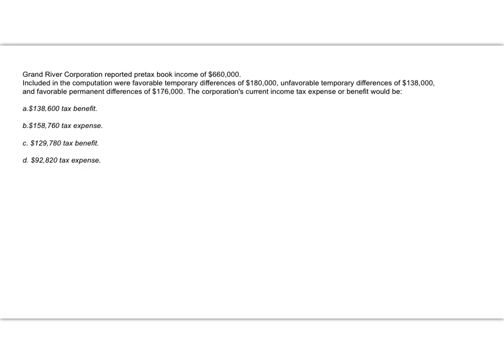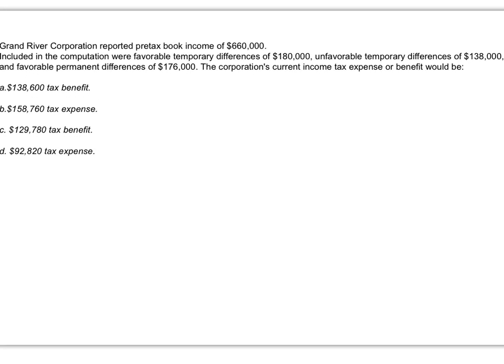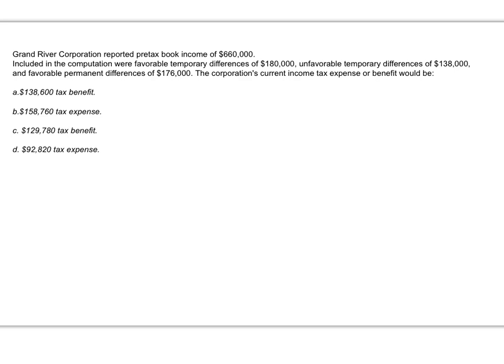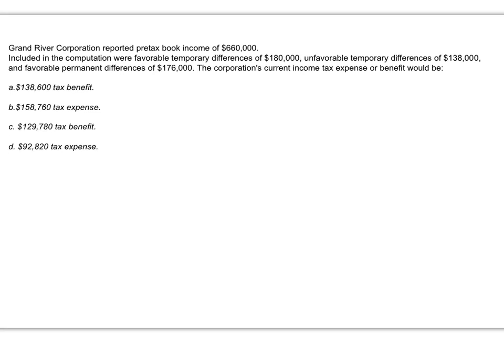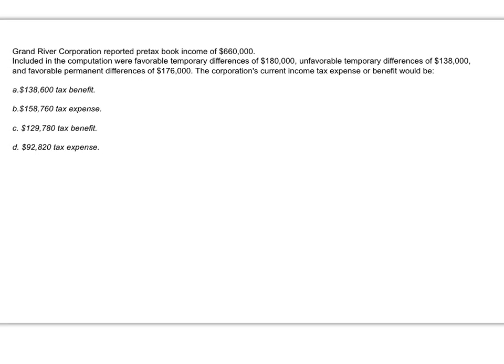All right, so now let's talk about a couple of questions. I'm going to resize that just a little bit, so hopefully it's a little easier to see. Let's look at this problem. We've got Grand River, and they're reporting pre-tax book income of $660,000.